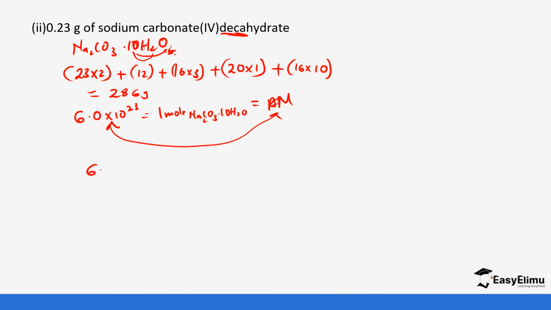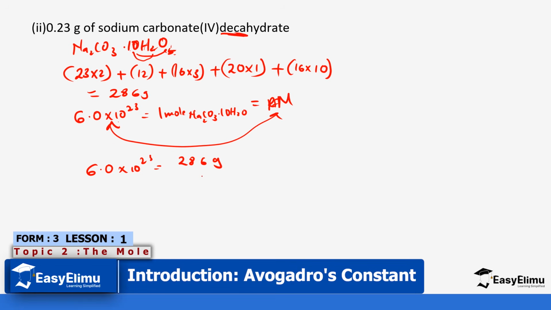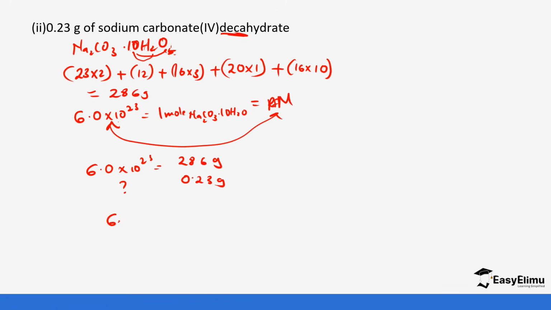So 6.0 times 10^23 is equal to 286 grams. What about 0.23 grams, how many particles will it give us? You cross multiply: 6.0 times 10^23 times 0.23 grams divided by 286. This will give us 4.8252 times 10^20.